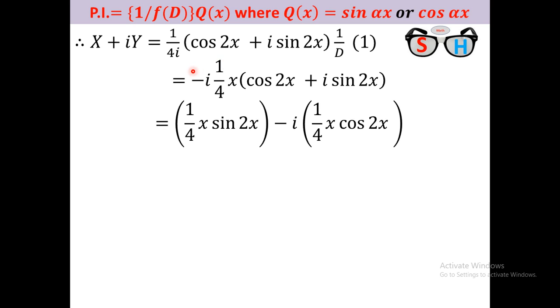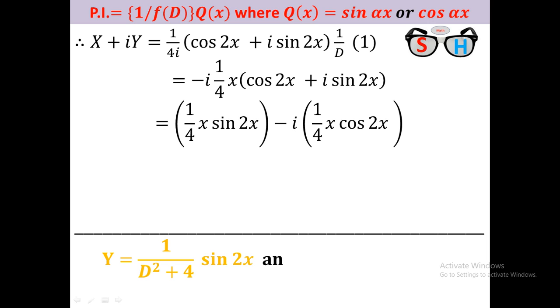If you multiply minus i into 1 by 4 x with i sin 2x, the result will be plus 1 by 4 x sin 2x. If you multiply minus i by 4 x with cos 2x, the result will be minus i into 1 by 4 x cos 2x. Now we want to find y, because y is 1 by D square plus 4 of sin 2x, and X is 1 by D square plus 4 of cos 2x.